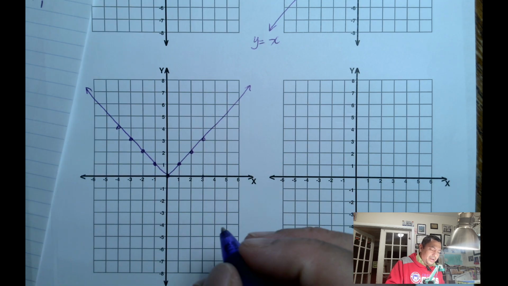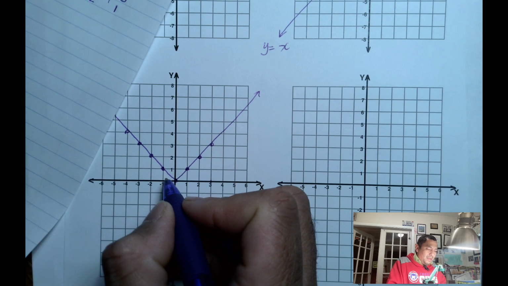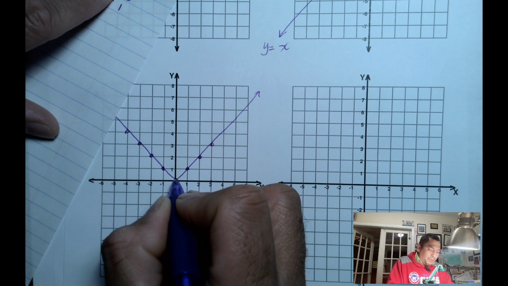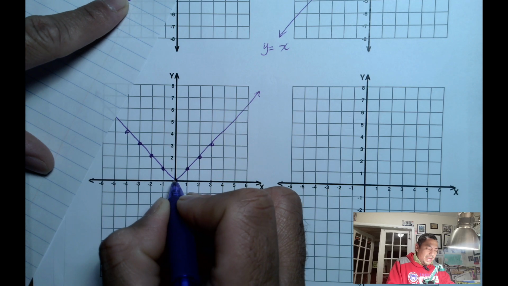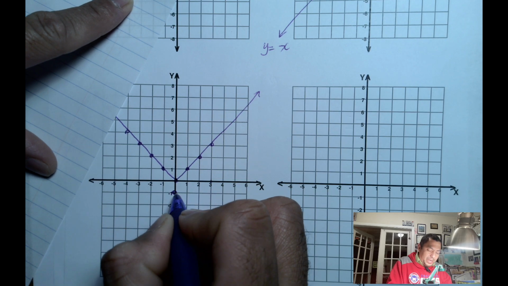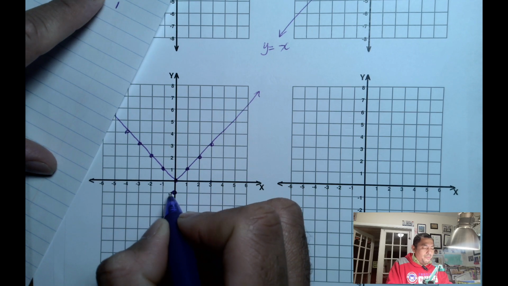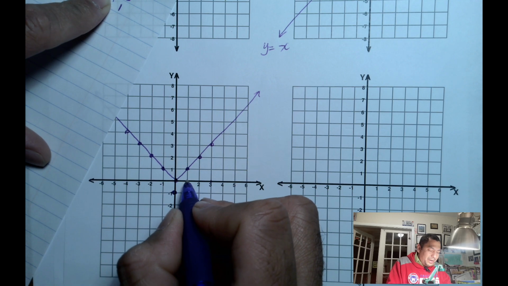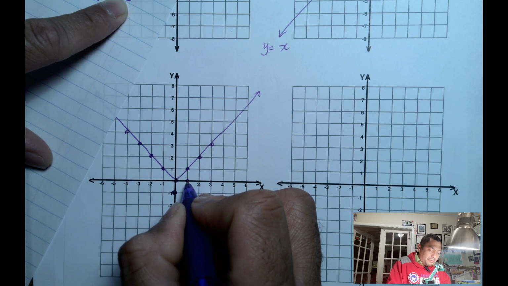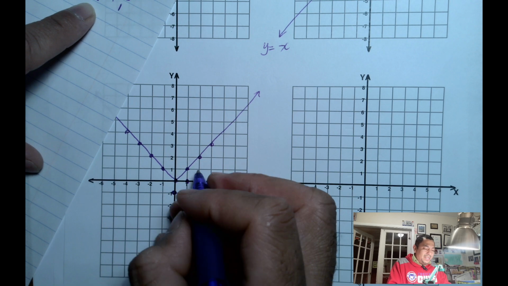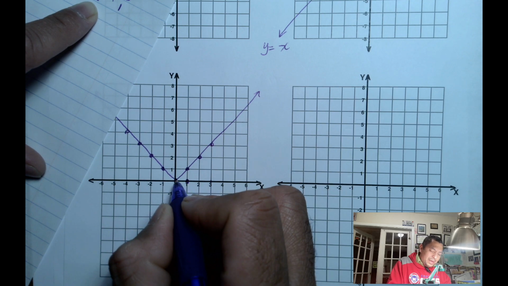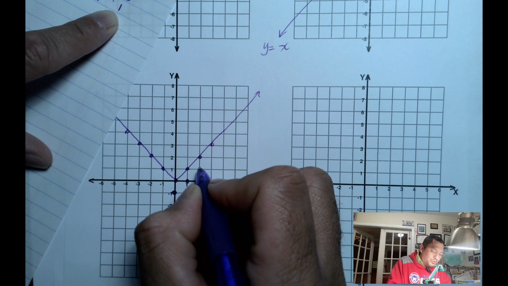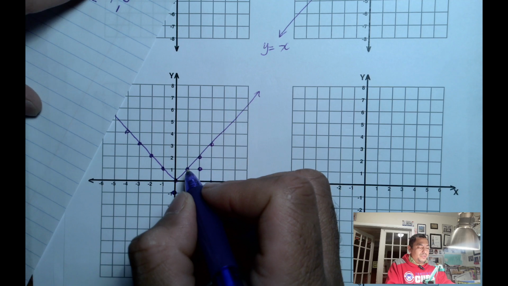So I have the following values. When x is equal to 0, y is equal to -1. So we went down 1. When x is equal to 1, y is equal to 0. When x is equal to 2, y is equal to 1. And then I go to the negatives.